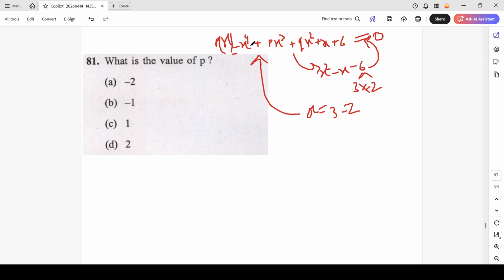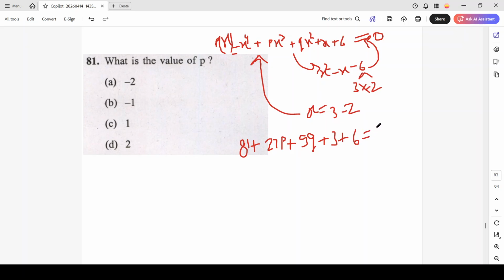First put 3 into it: 3 3s are 9 and 9 9s are 81, so 81 plus 27p plus 9q plus 3 plus 6 is equal to 0.